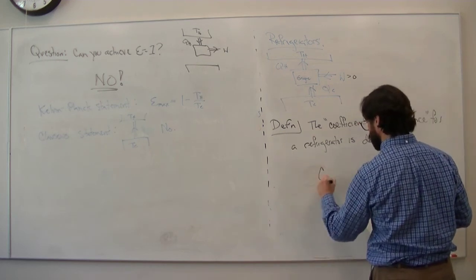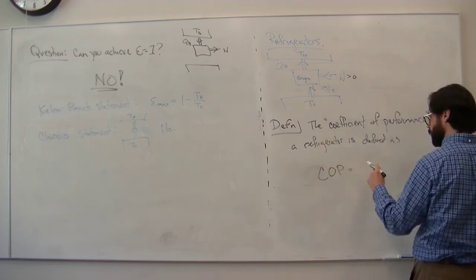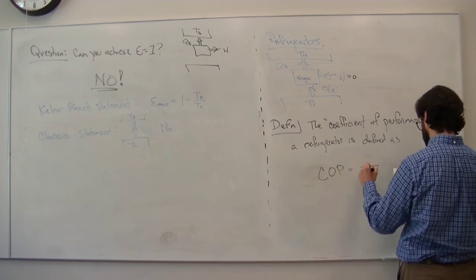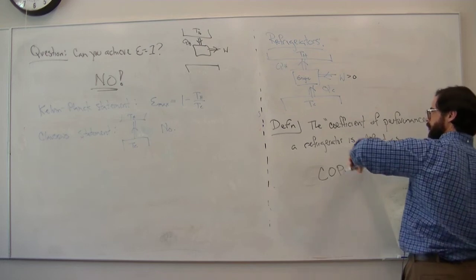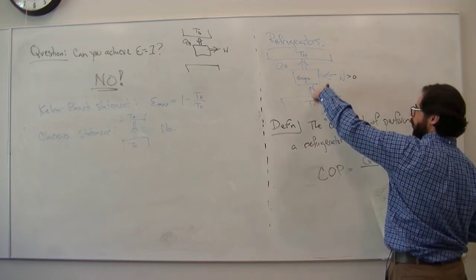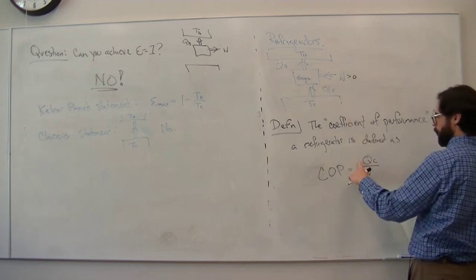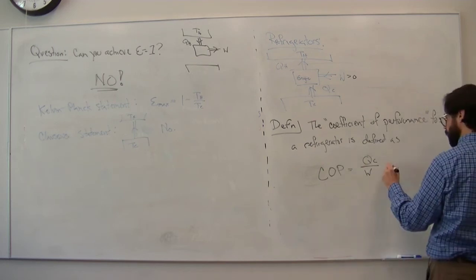And it doesn't have a cool little single letter acronym, I think, like COP or something as usual. What you want to do is get the most amount of heat flowing out of your cold reservoir and put in the smallest amount of work. So the more heat, the less work, the better your refrigerator. So this is the coefficient of performance.